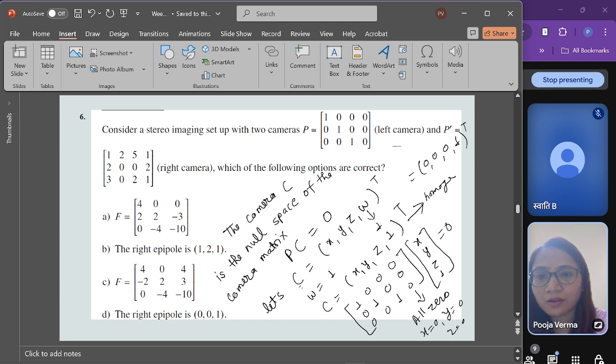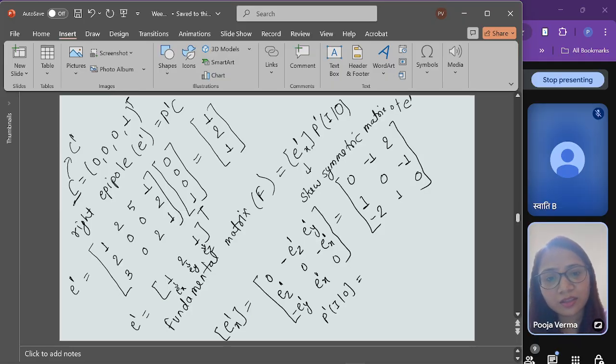This one, P dash, right? 1, 2, 5, 1. We have to write in this form, so we remove the last column. By removing the last column, you will get 1, 2, 5, 2, 0, 0, 3, 0, 2.